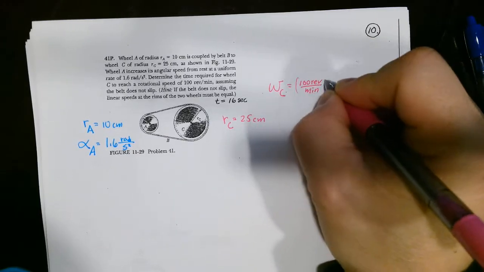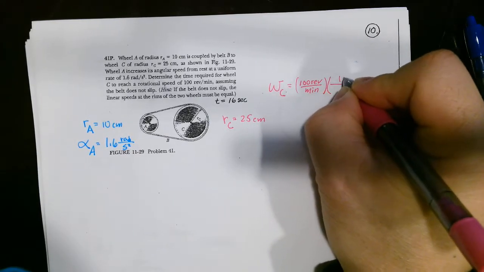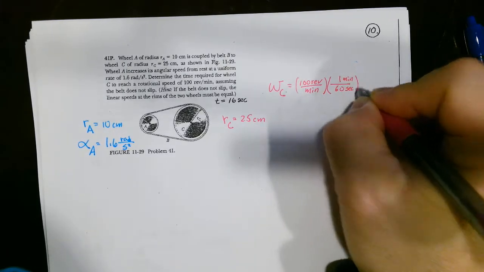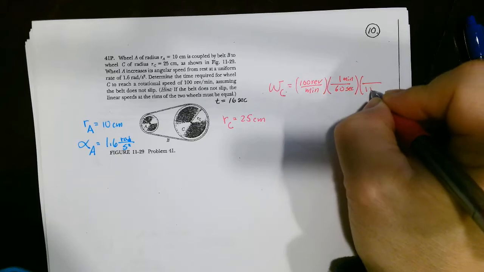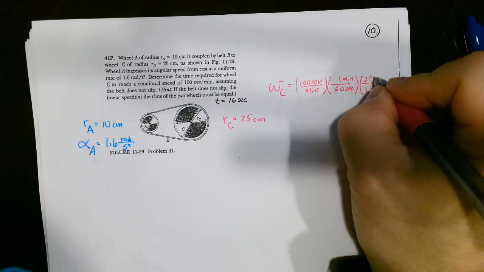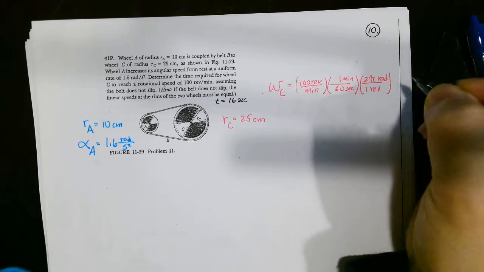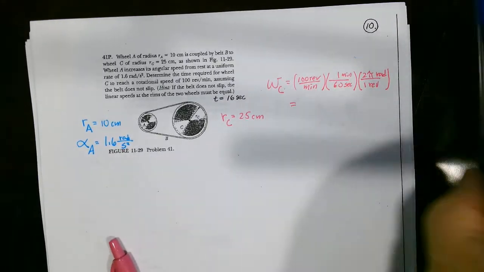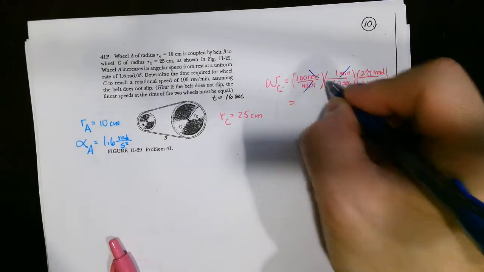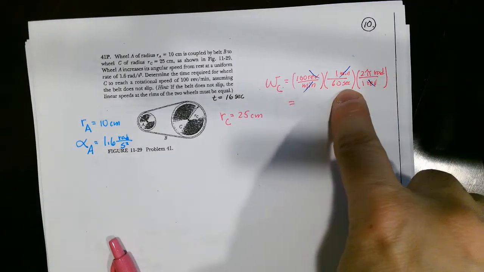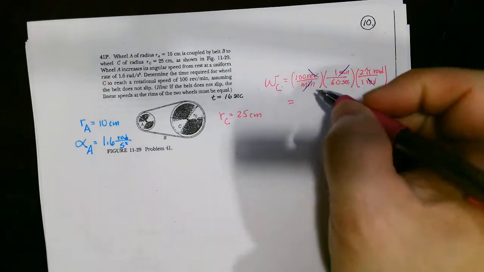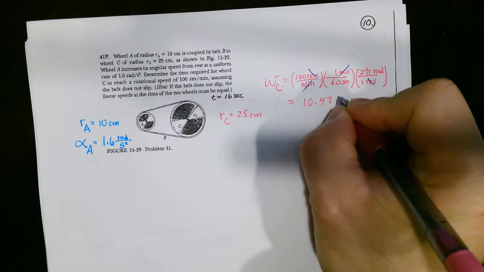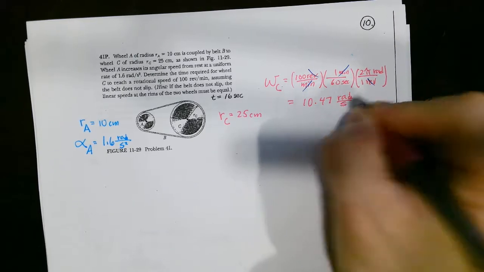To do that, we know in 1 minute there are 60 seconds, and in 1 revolution there are 2 pi radians, right? So if you work this out, minutes cancel out and revolutions cancel out. We'll get radians per second. I think you'll get something like 10.47 radians per second as my omega C.